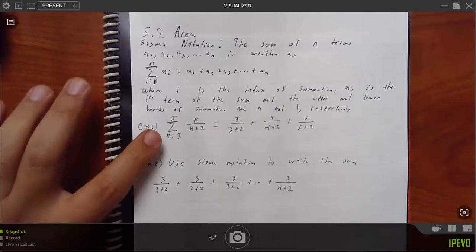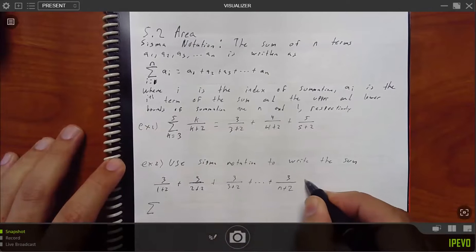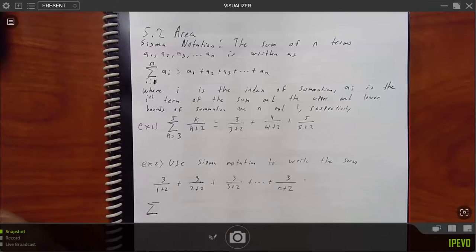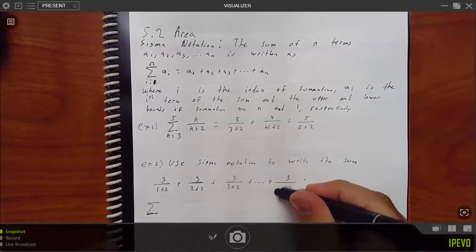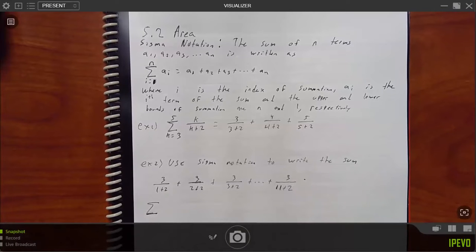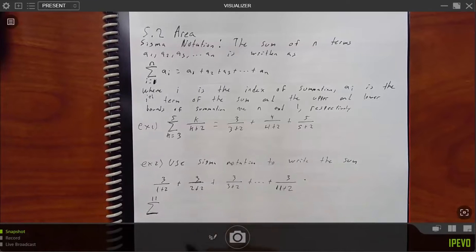So what would be your summation notation? How would you rewrite this? You'd have n on the top and then k equals 3, k over n plus 2 and then put n on the top of that, right? Let's make this 11 to make it easier here. The top would be 11, and the bottom, we can call it what we want, i guess, or k.